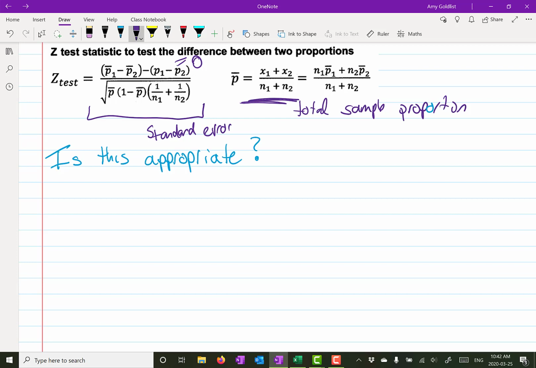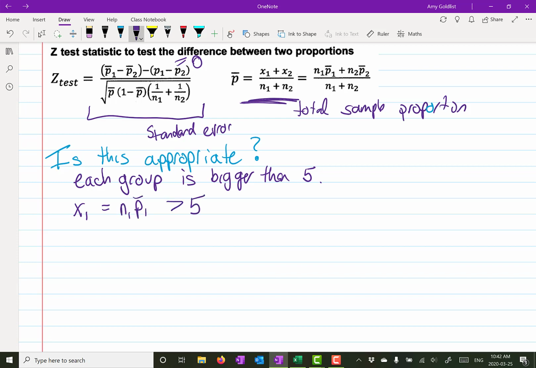Big words, but what I really mean is each group must be bigger than 5. So basically, we have X1, which is the same as N1 P hat 1, bigger than 5. So that means the number of successes in group 1 has got to be bigger than 5.